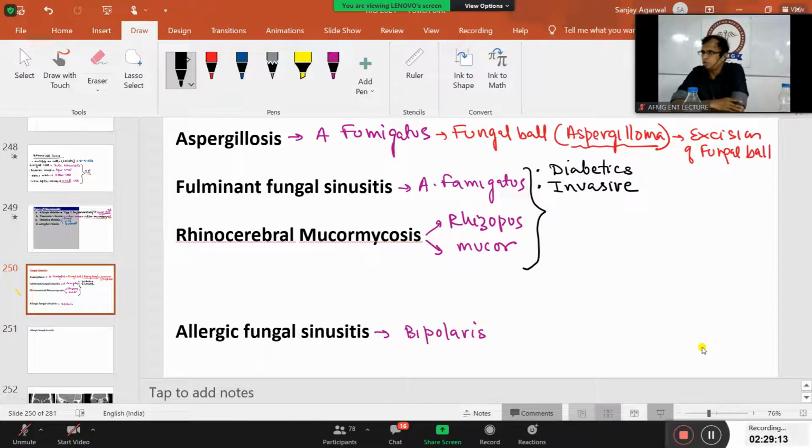Both are highly invasive. They invade the tissues. And they will both spread very fast. If you invade, you can spread. Obviously, if you invade and spread, you can cause a lot of complications. So both have a lot of complications. And both need the same treatment. What is the drug of choice?